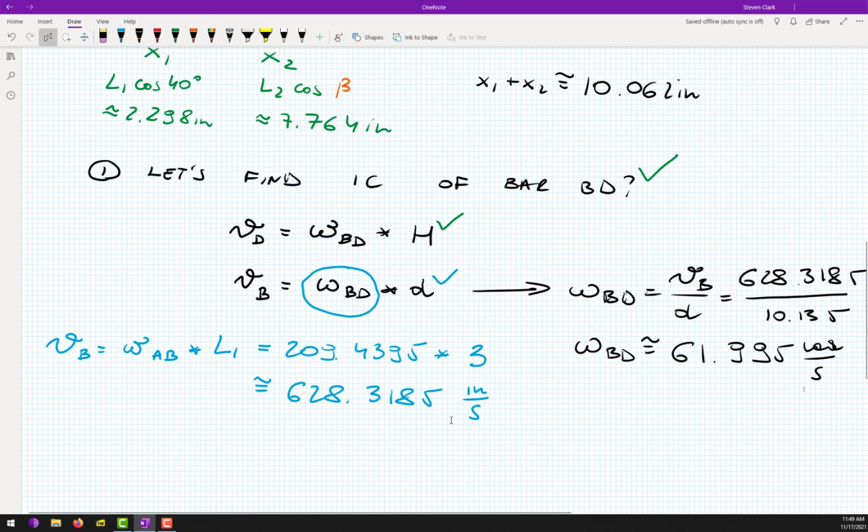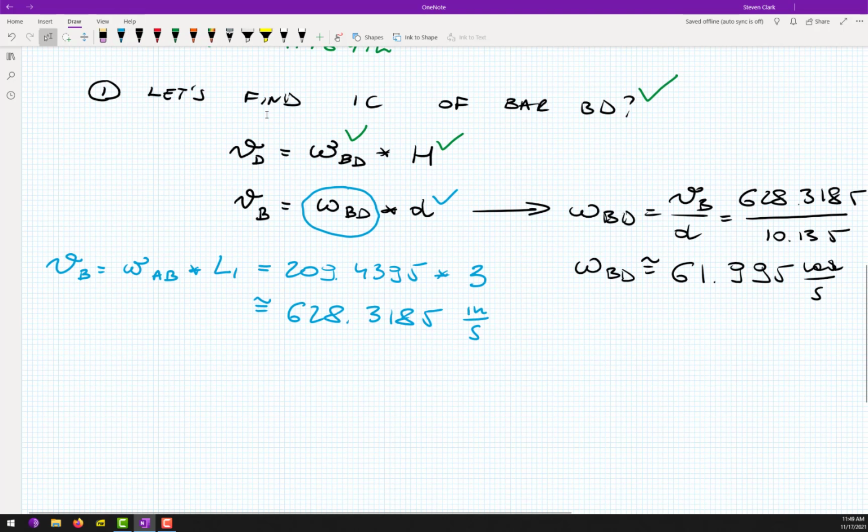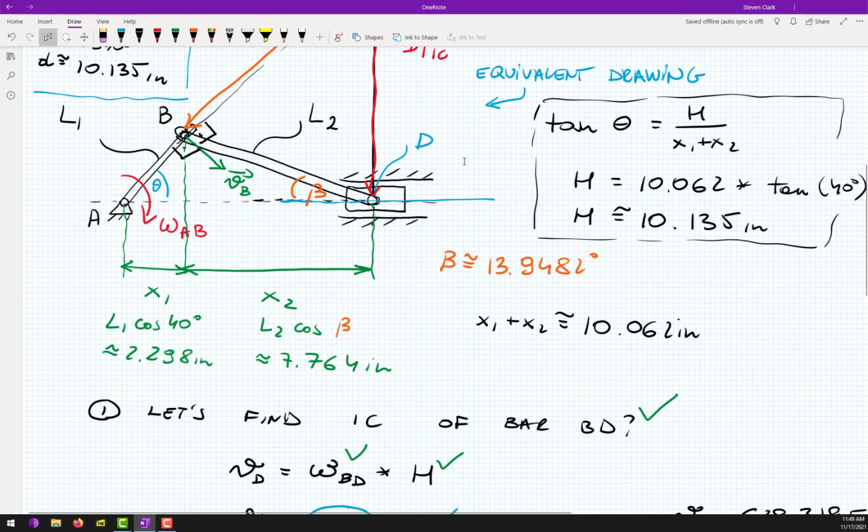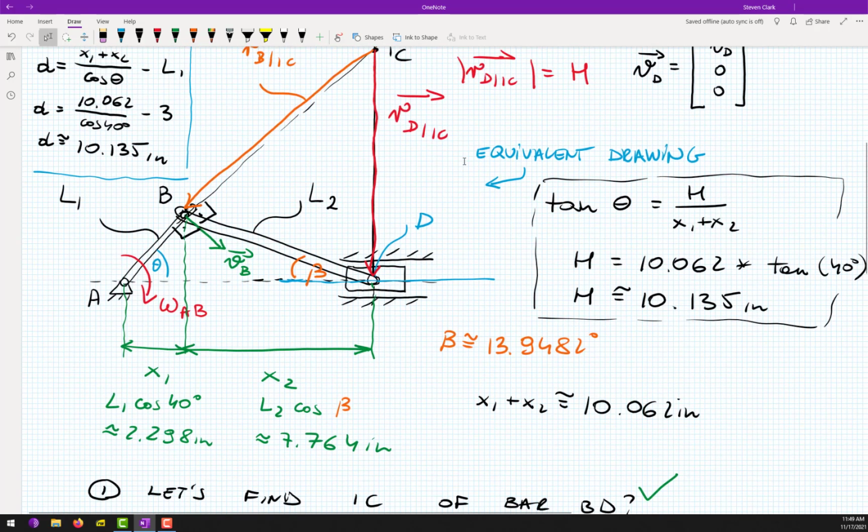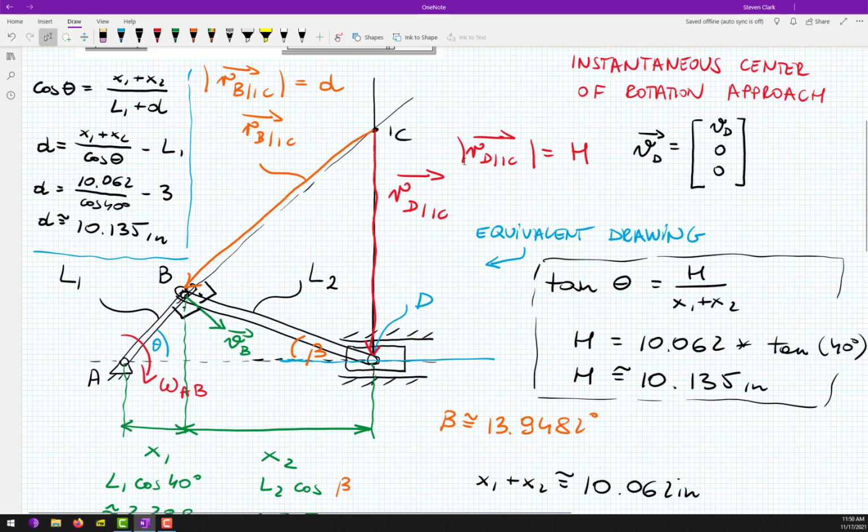And now let's finally find VD. So VD is equal to 61.995 times H. And how much was H? Oh, wait a second. So I made a mistake, right? Sorry guys, that H is not true.